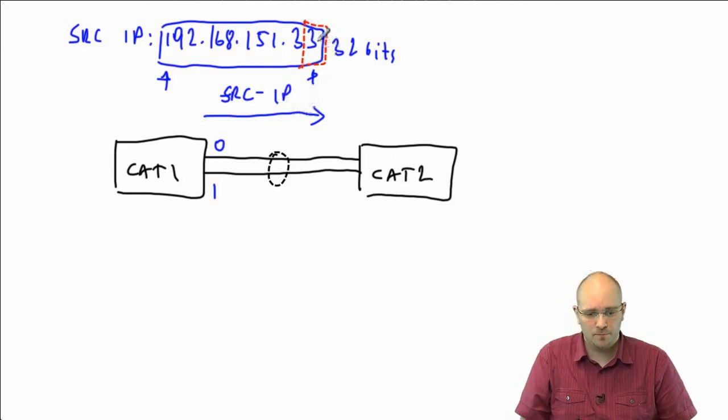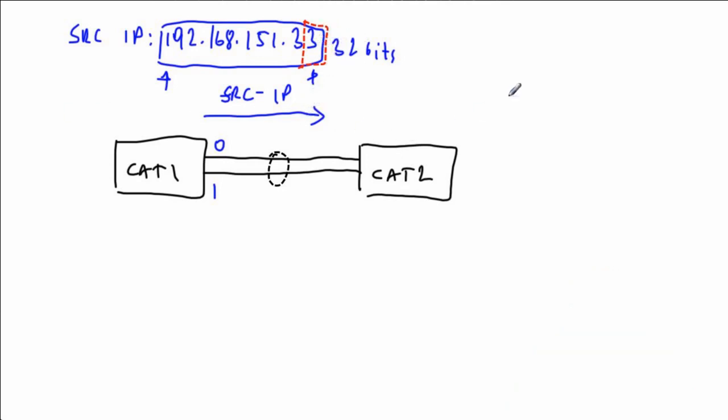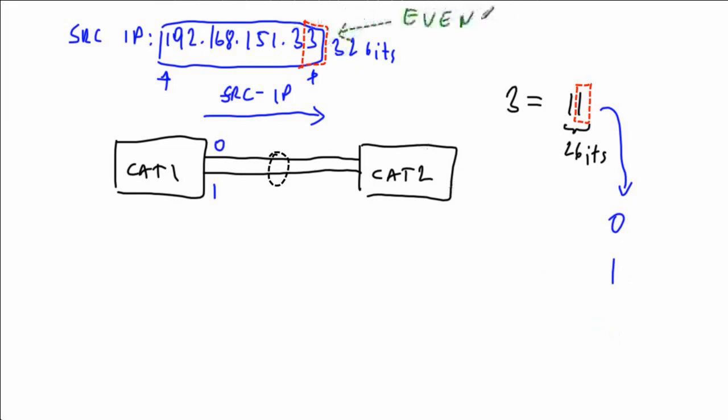So if we take a look at value 3 here, written in binary, 3 is going to have the value of 1, 1. Now, these are 2 bits. I don't need 2 bits, I need just 1 bit, this bit here. This bit can have 2 possible values. It can be either 0 or it can be 1. If my IP address here is even, this bit will have value 0.